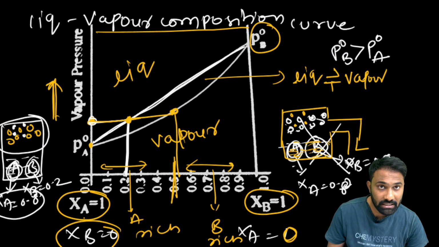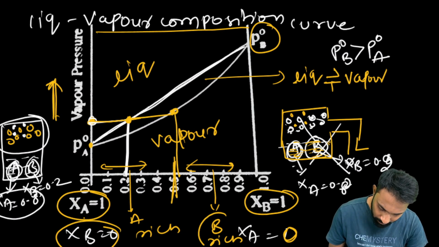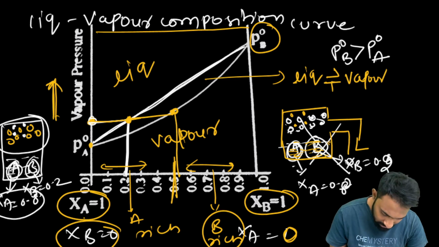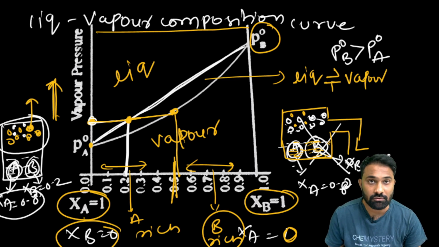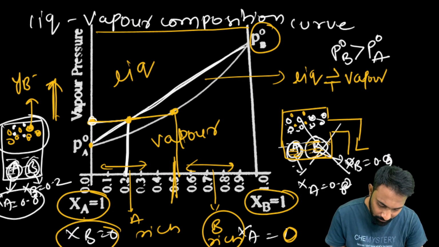Compared to 0.5 it is higher, which means it is richer in B. So in the gaseous phase, the mole fraction of B will be high and A will be less.